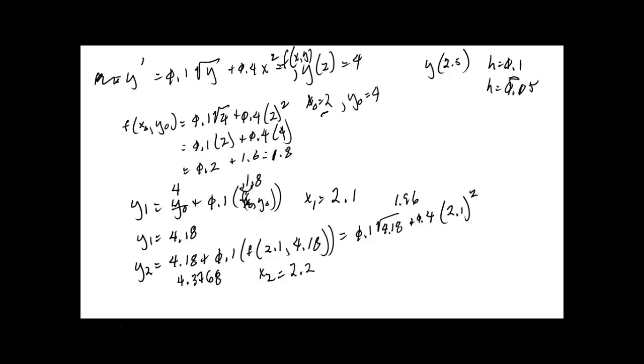And then your y2 is going to be this 4.09 now, plus 0.05 times f of 2.05, 4.09, okay? Which means you plug in, now this 0.1 stays, that doesn't change. This is 4.09, this is 0.4, that's from there, times 2.05 squared.